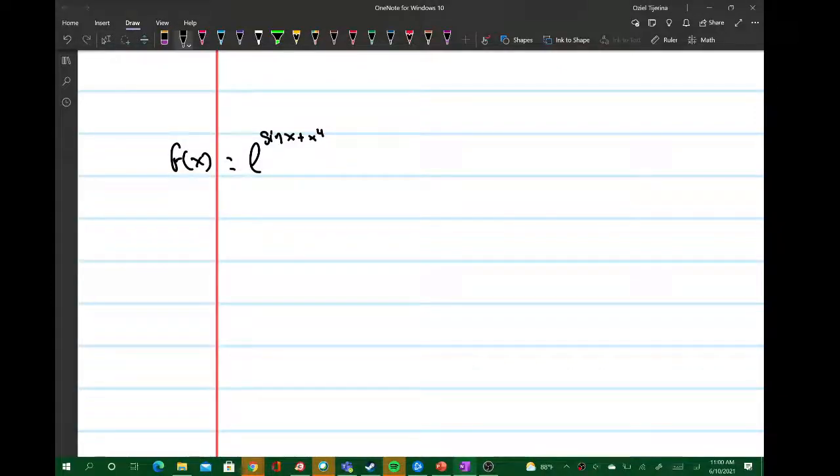So basically here I say f prime of x, since we know that the derivative of e to the u is just going to be e to the u, we're going to keep the u part the same.